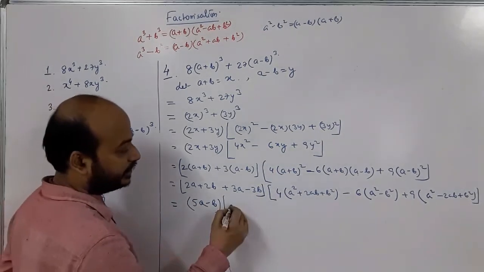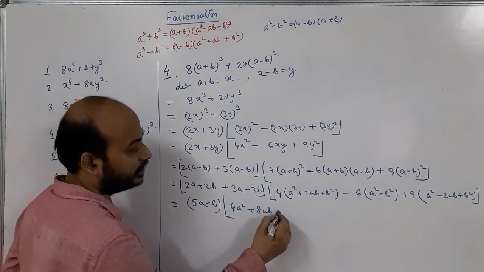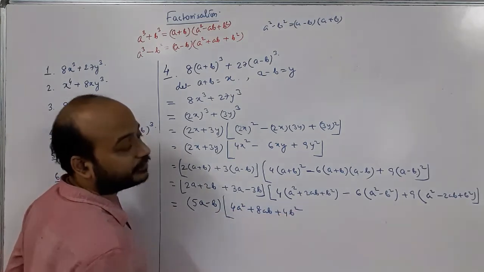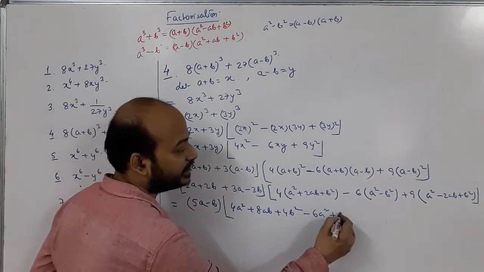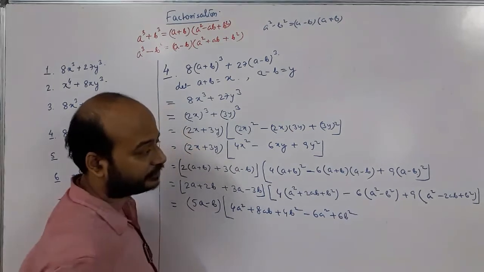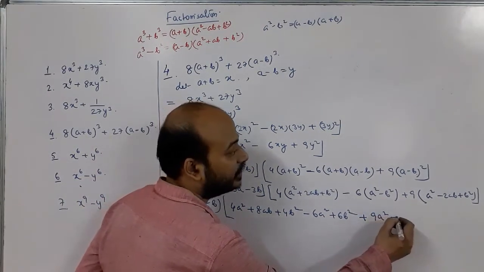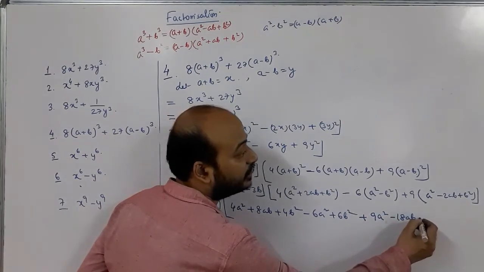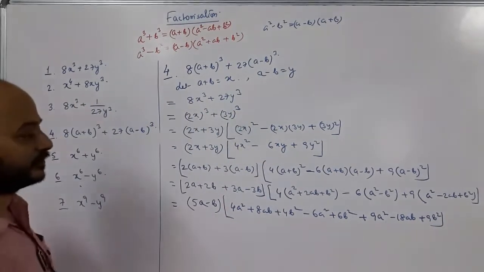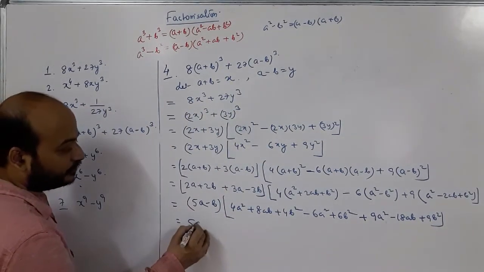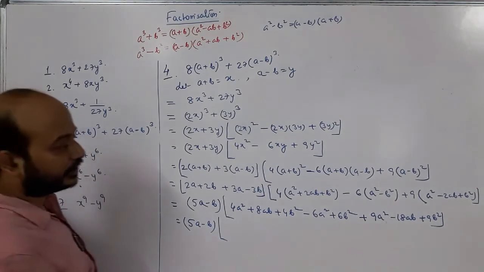Now here what you get? 4a square plus 8ab plus 4b square, this one minus 6a square plus 6b square, and then plus 9a square minus 18ab and plus 9b square. Okay. So what I got? 5a minus b. And now we will also simplify here.